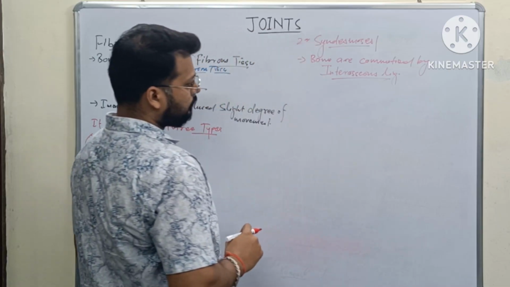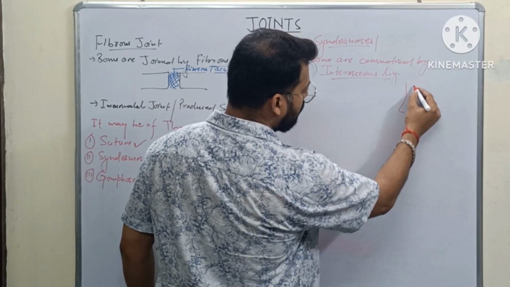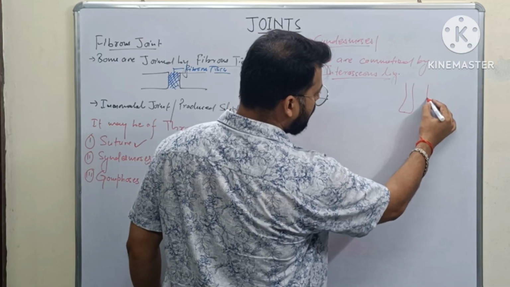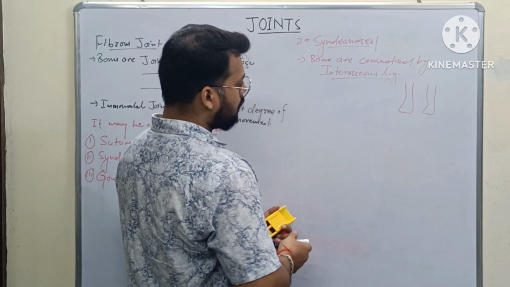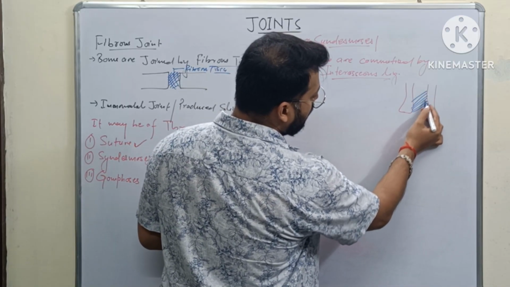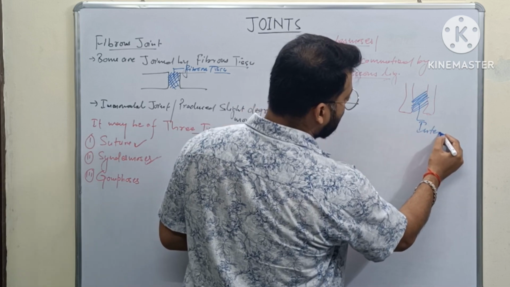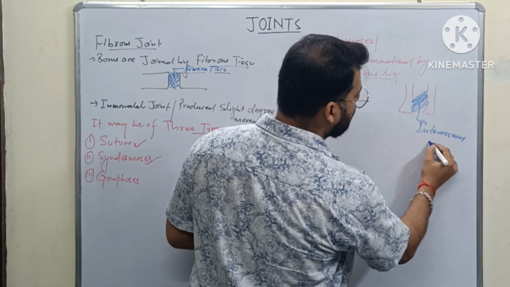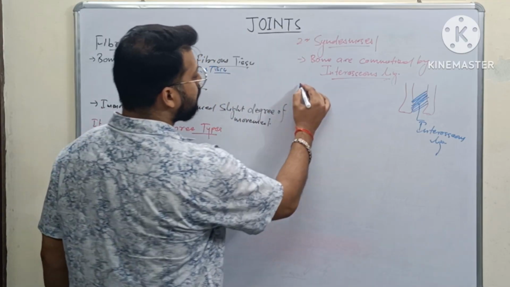Okay. Suppose this is one bone and this is another bone, and these two bones are joined by an interosseous ligament. This is the interosseous ligament.